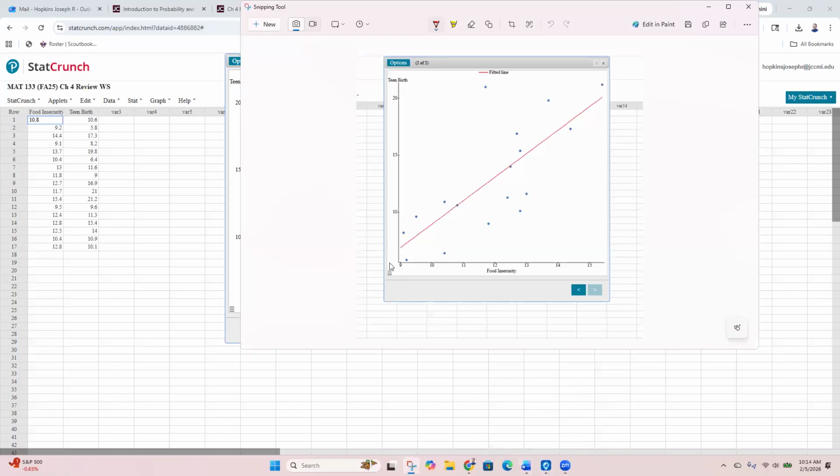If my x-axis keeps going, here's 8. Can't draw with a mouse. Here's 7. Okay. So 7.9 and my food insecurity rate was what, 4.6? That's like way down here. So New Hampshire is this dot down here that I'm having a hard time drawing.